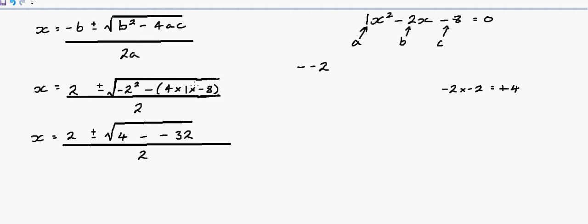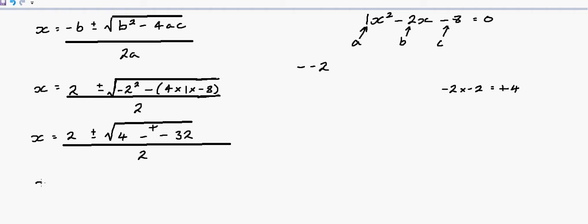And 4 lots of -8 will give us -32. And it says to take away whatever this is. And this is -32. Now the two signs again can touch, and a minus gives us a plus. So what we're going to have is 4 plus 32.